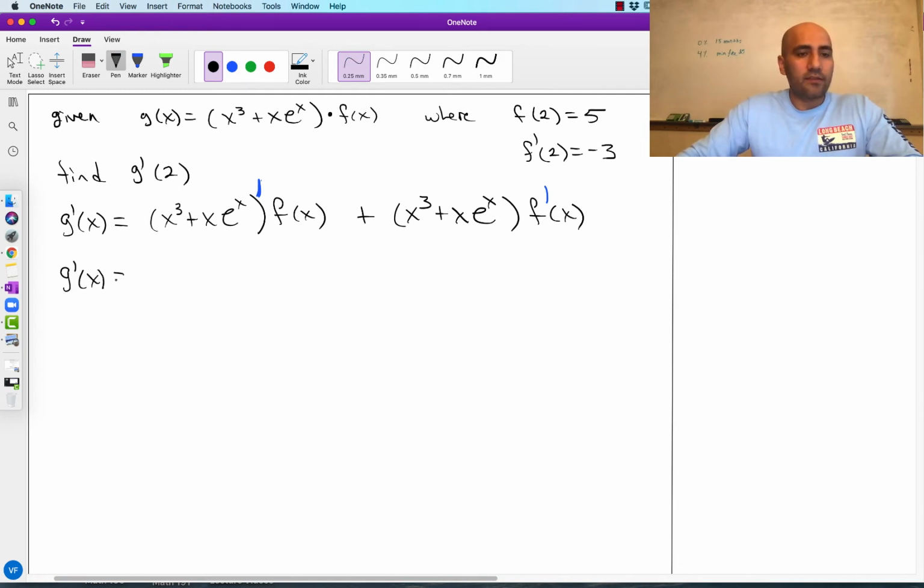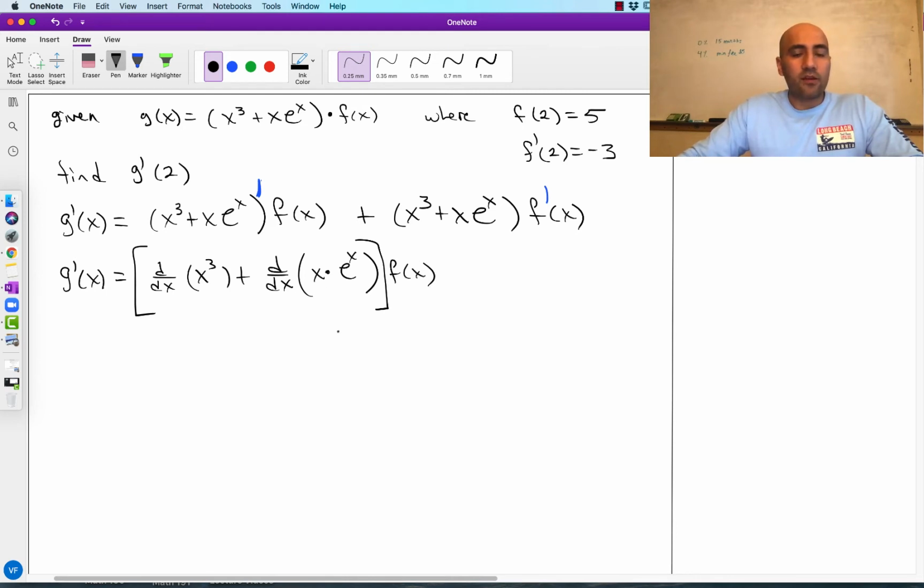G prime of x is equal to, all right, now taking the derivative of this, well, I can see I'm going to need a product rule right in there. So the derivative of this first one is going to be a little complicated. It's going to be the derivative with respect to x of the x cubed plus the derivative with respect to x of the x times e to the x. Right? That's that whole derivative. And when I'm done with all that whole mess, I got to multiply that by f of x.